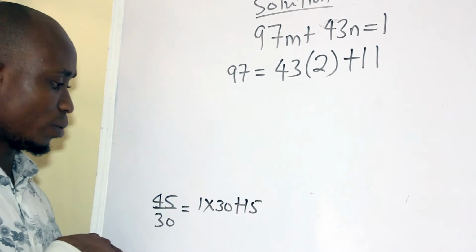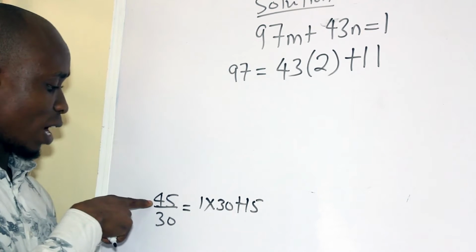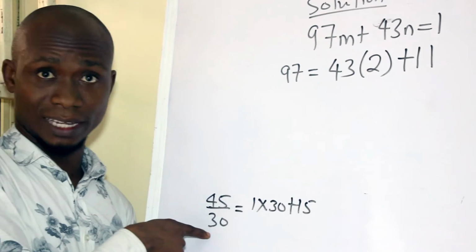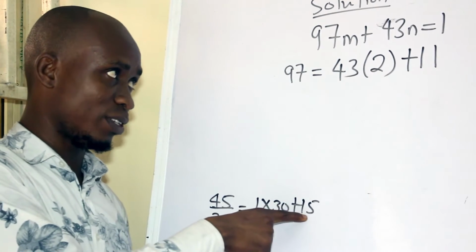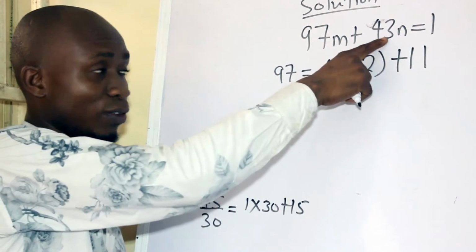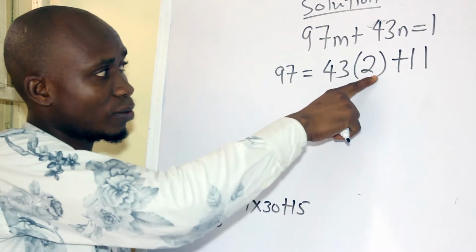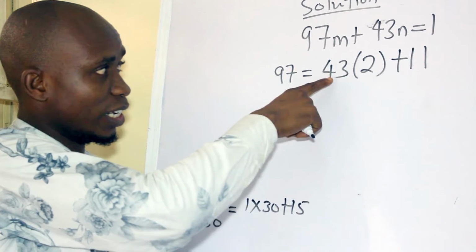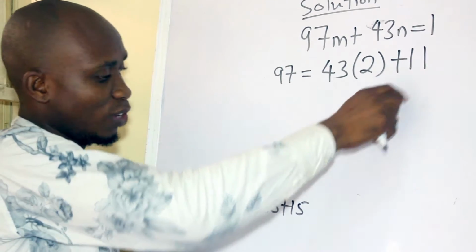That's exactly what happened here. 45 divided by 30 is 1. The divisor is 30 and the remainder is 15. So that's what we have here. 97 divided by 43 is twice. That's why we have this number in parentheses. And then we have a remainder of 11.